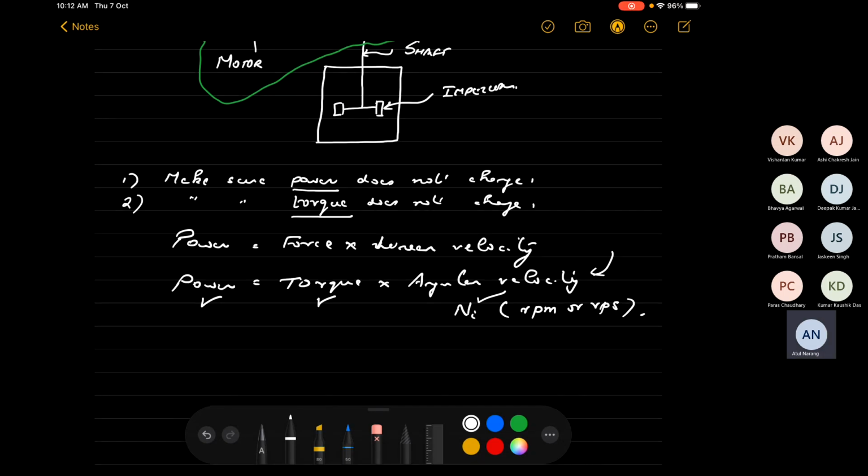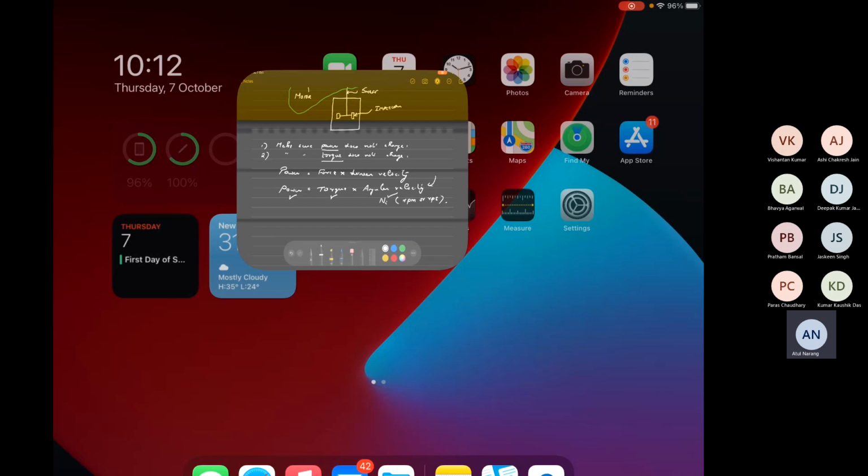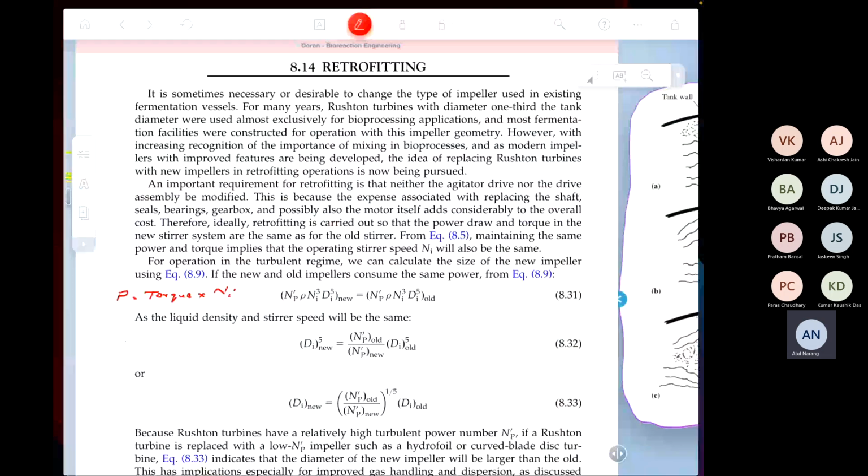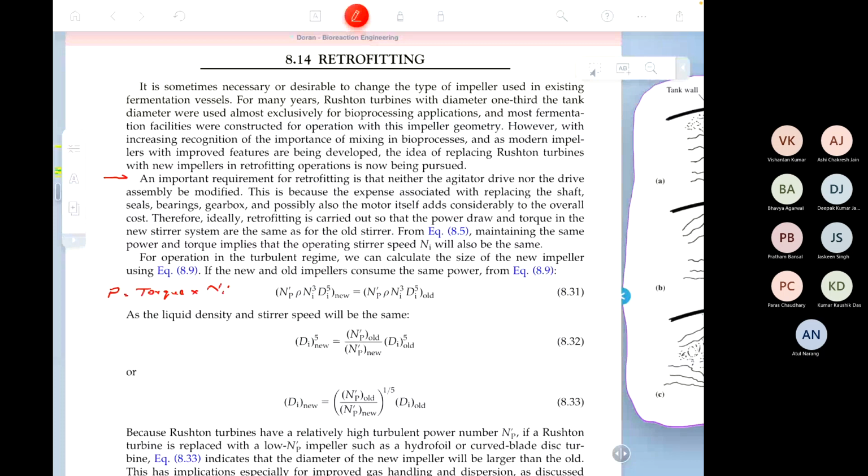Now we can simply go back to the argument. Let me simply read it out to you. An important requirement for retrofitting is that neither the drive nor the drive assembly be modified. You don't want the rest of the stuff to be changed.